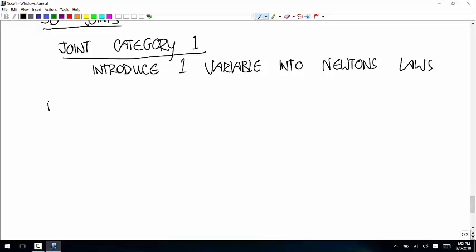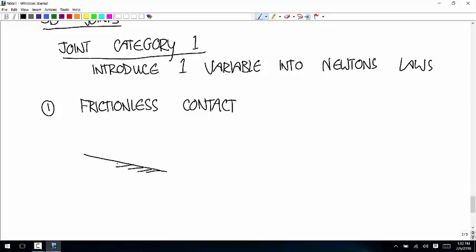The first one is a frictionless contact. So that would show up like, I'm going to just draw it the same way that I would in 2D.